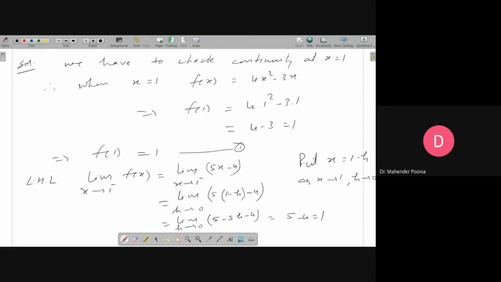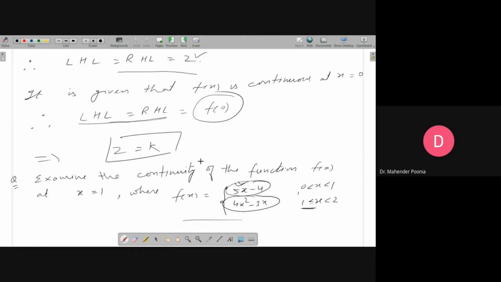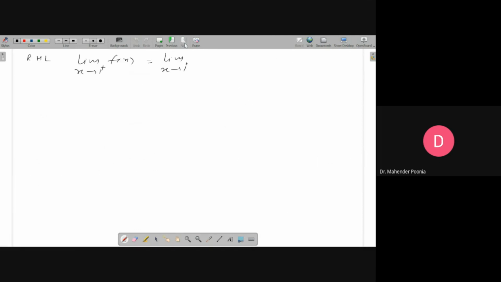Similarly, we have to find the right hand limit. Limit x tends to 1 positive f of x. When x is greater than 1, the value of the function is 4x square minus 3x. So we replace f(x) by 4x square minus 3x.